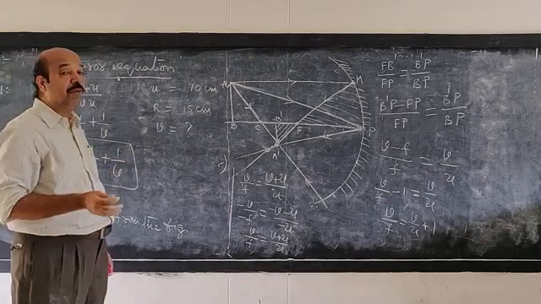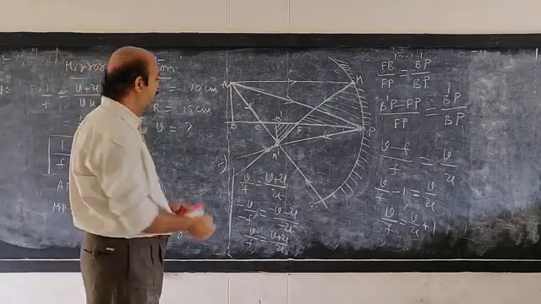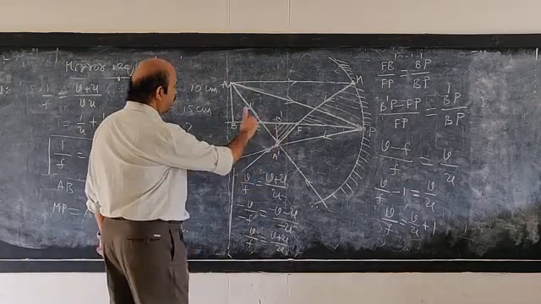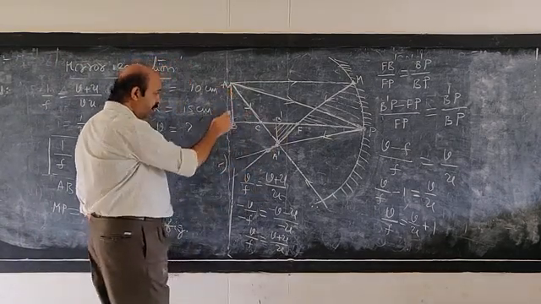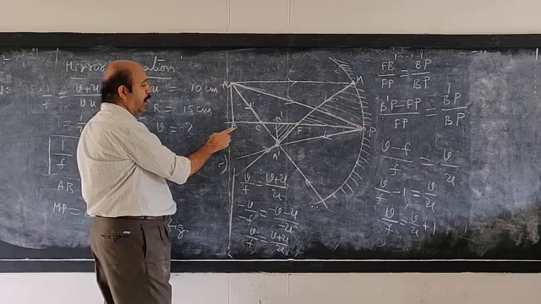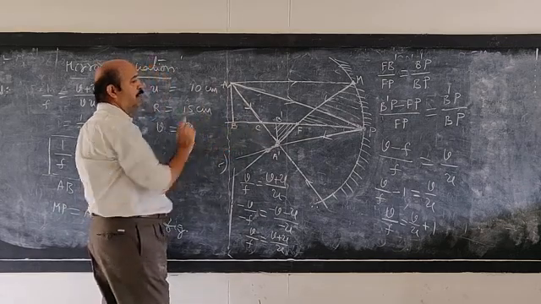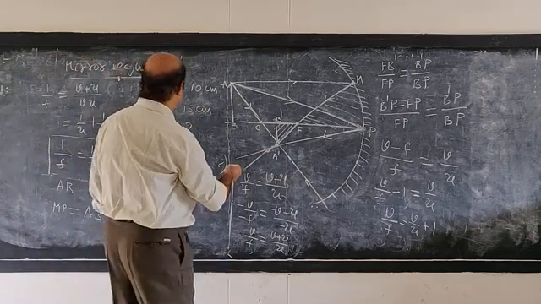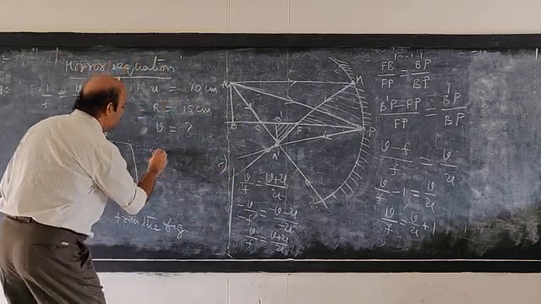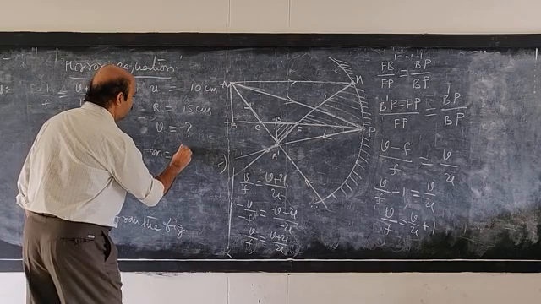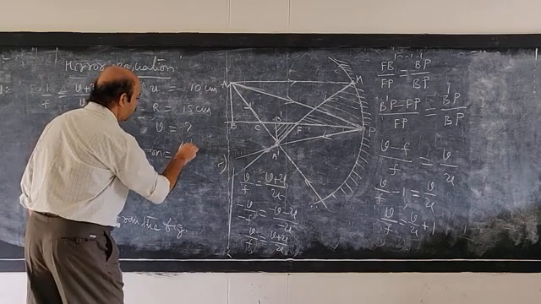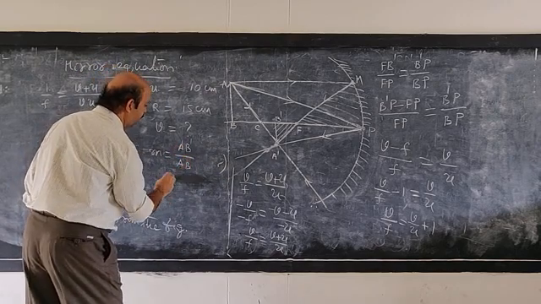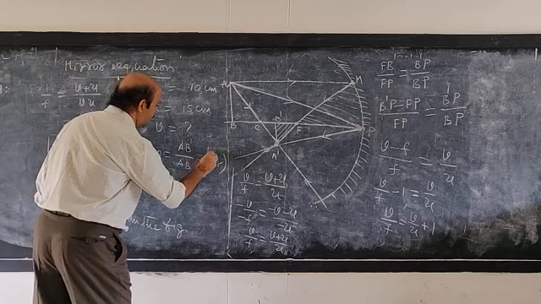I forgot to tell you about magnification. Magnification is the ratio between image size and object size. Here m is the size A dash B dash by AB, which can be written as h dash by h.